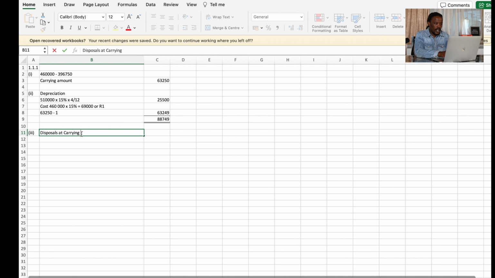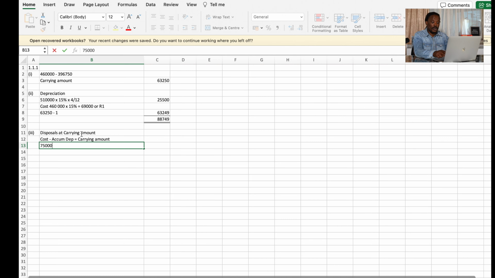This becomes very simple, because disposals at carrying amount equals cost price minus accumulated depreciation, which equals carrying amount. And this is exactly what they are asking.